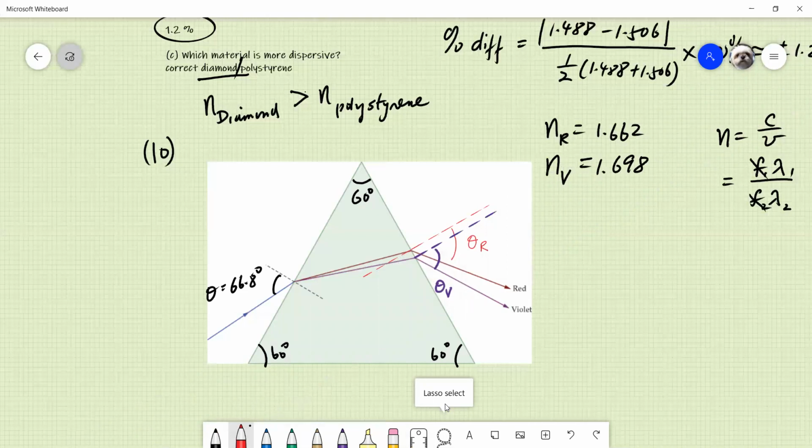Now I'm gonna find this angle here. How am I gonna find this angle? I have sin 1 times sin 66.8 degrees, right? Equal to the refractive index of the red, which is 1.662. I'm doing red right now.